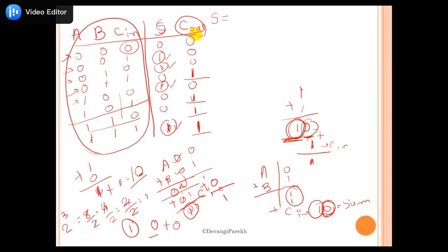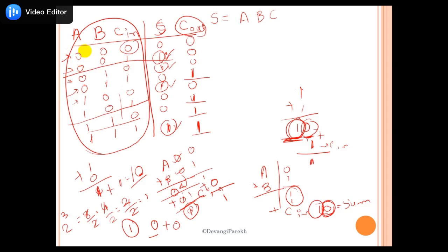To write the sum as a Boolean expression, for this condition we need to write A, B and C in. But here A is 0, B is again 0 and C is 1.